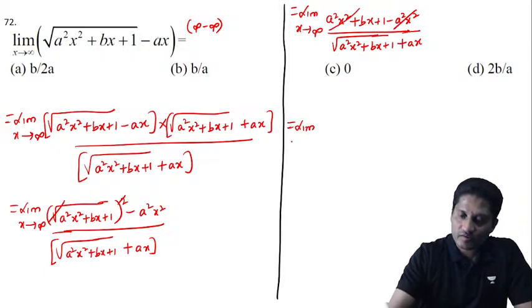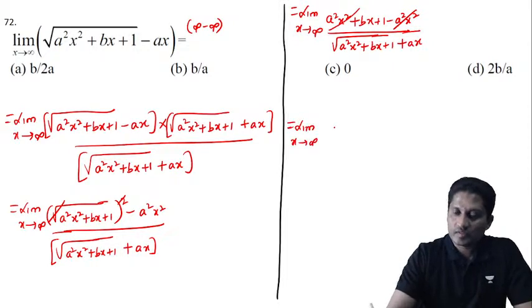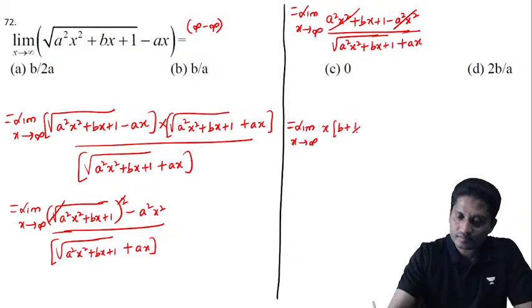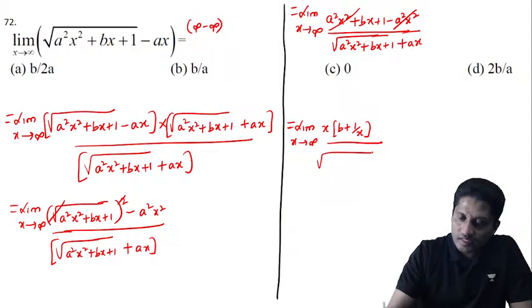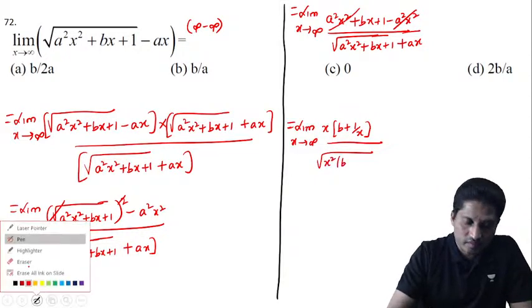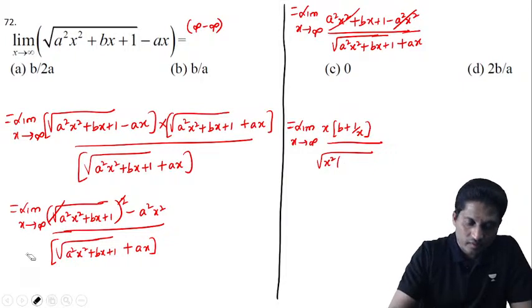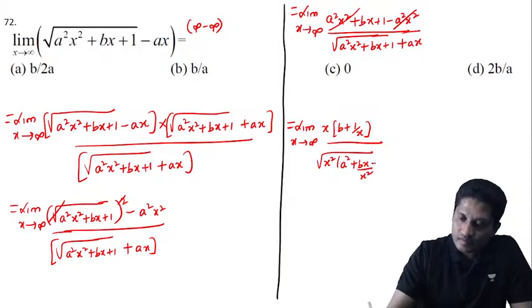Limit x tending to infinity of, if I take x common, you will get b plus 1 by x, whole divided by the root. If I take x square common, this is a square plus bx by x square plus 1 by x square, plus ax.